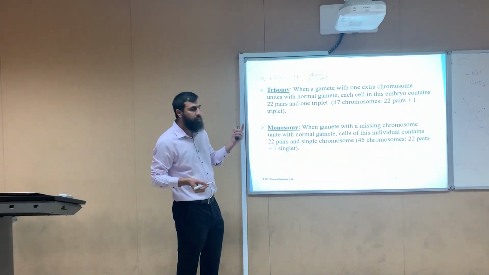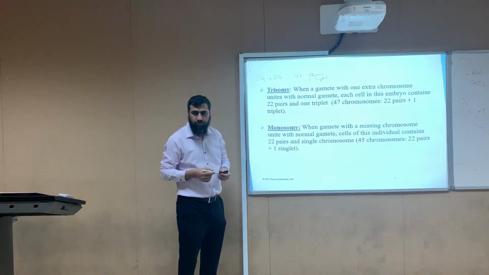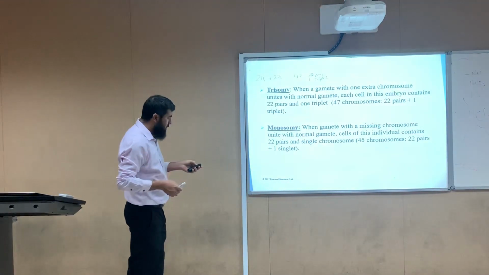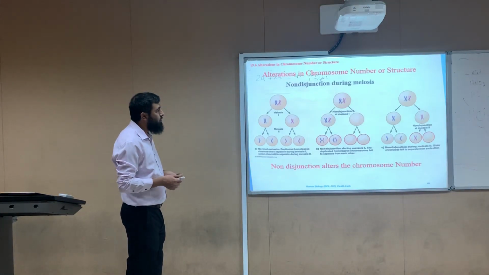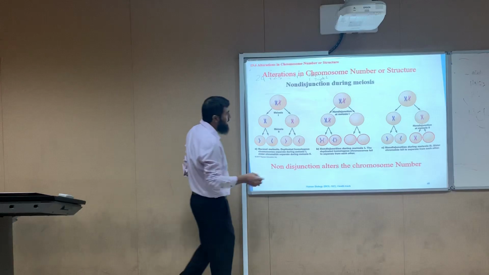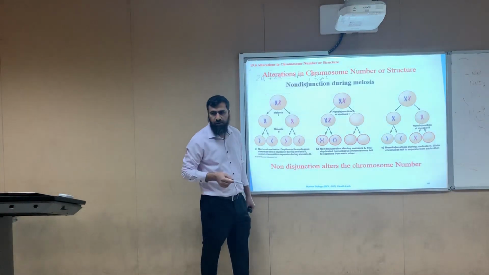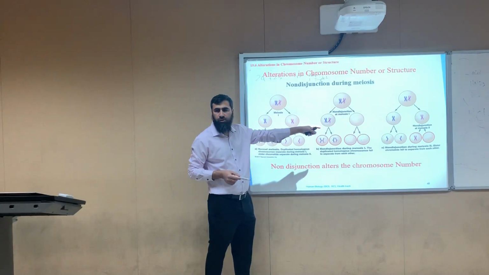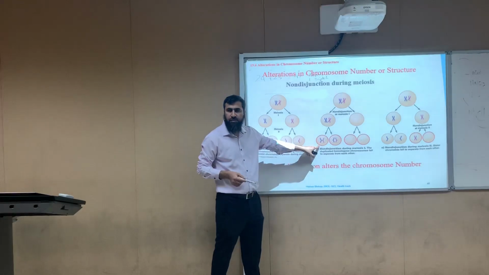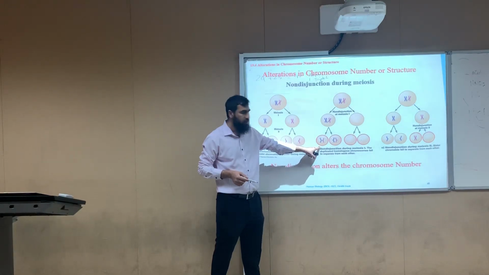This happens by non-disjunction in meiosis 1 or meiosis 2. If you fertilize this one with a normal sperm, say it's an egg, you'll get trisomy 21.